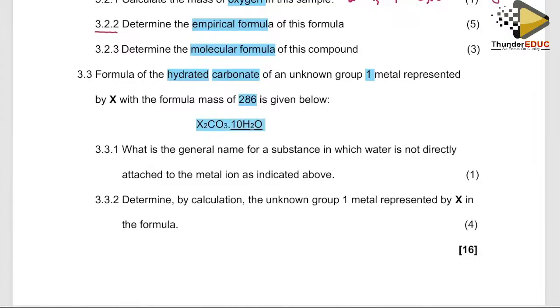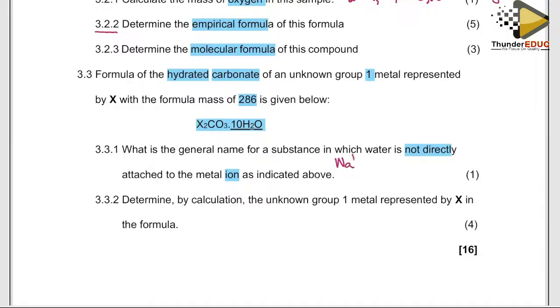Then they ask, what is the general name for a substance in which water is not directly attached to the metal ion as indicated above? So this is referred to as water of crystallization.